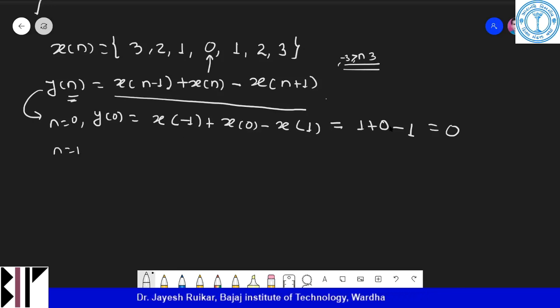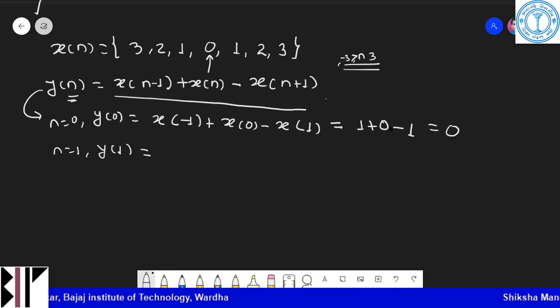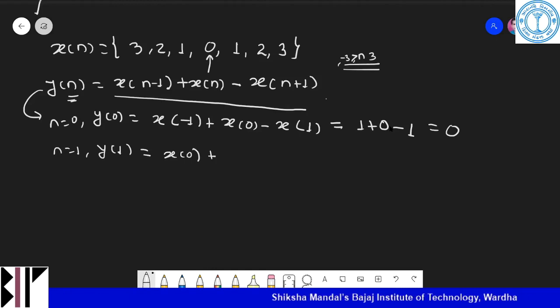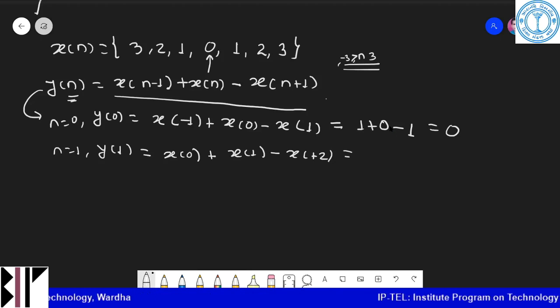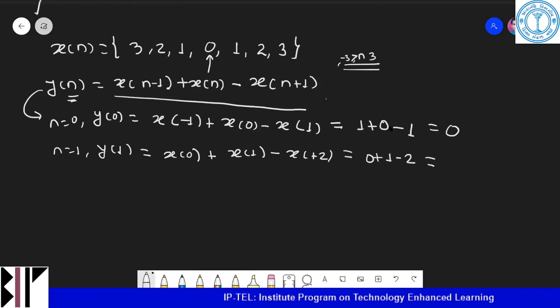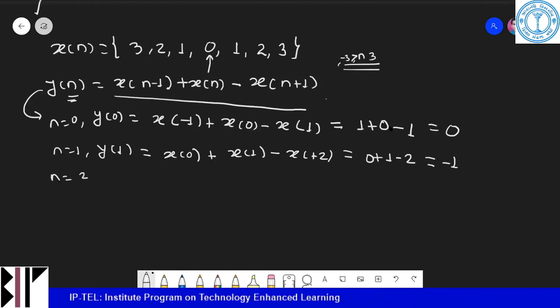Then put n equal to 1, y of 1, which is equal to x of 0 plus x of 1 minus x of 2. Put n equal to 1 in all the samples. Plus 2, because n is equal to 1, 1 plus 1 is equal to 2. So it is equal to 0 plus 1 minus 2, and it is equal to minus 1. n is equal to 2, positive 2.